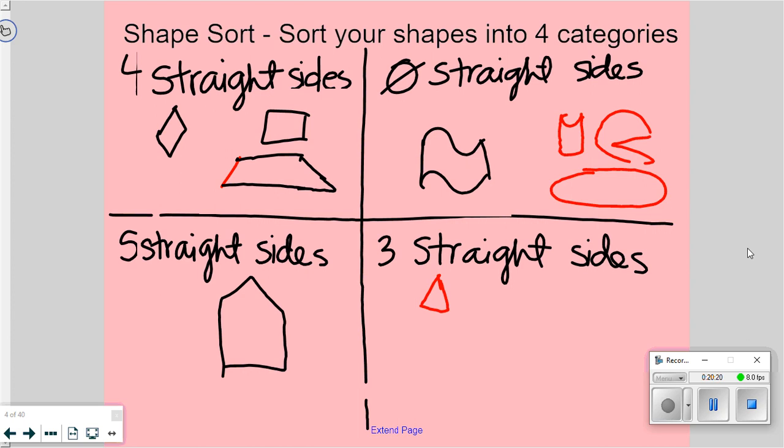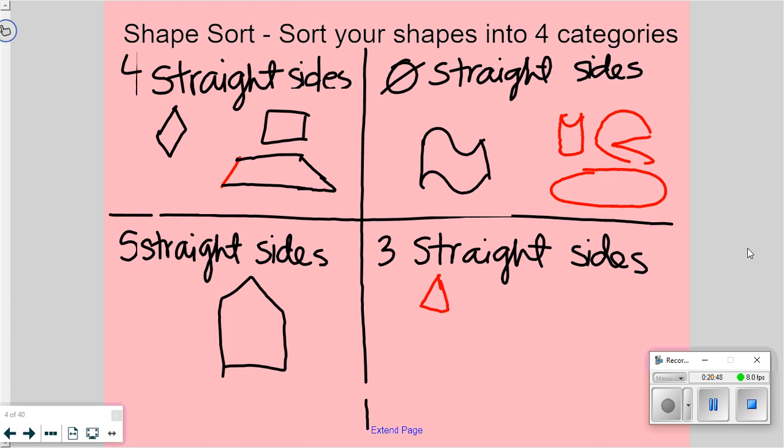There is one that doesn't belong in any category. Find the one that doesn't belong in any category. Put it in your hand. Hold it up. Which shape does not belong in any category? Why does that shape not belong in any category? Look at it. If you don't know, look at it.